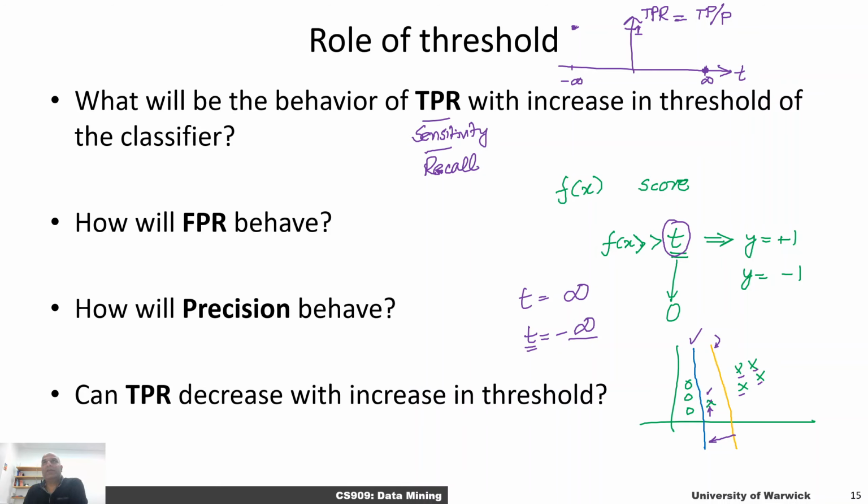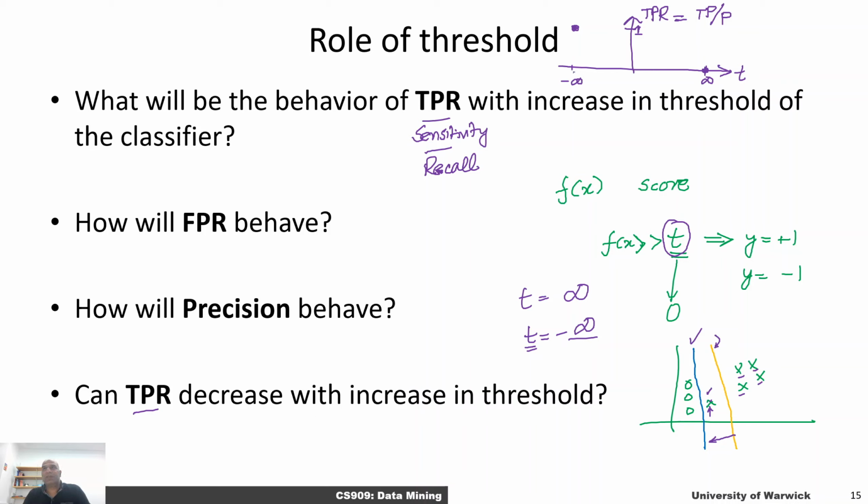Now the interesting bit is, first of all, I welcome you to pause the video and understand why the value of TPR is going to be 1 when the threshold is minus infinity, and why it's going to be 0 when the threshold is infinity. Once you are done with that, I welcome you to think about this: can the true positive rate of a classifier decrease with an increase in threshold?